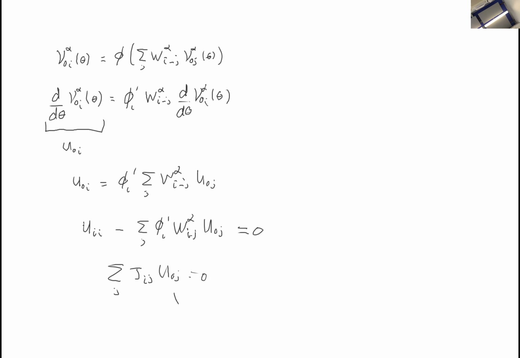So u0 j is an eigenvector of J ij with eigenvalue 0.